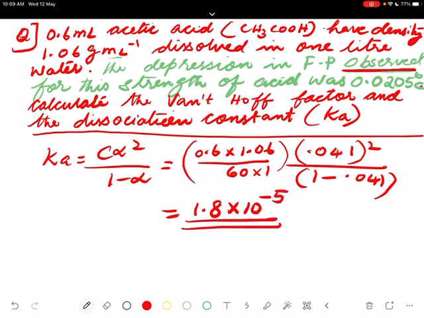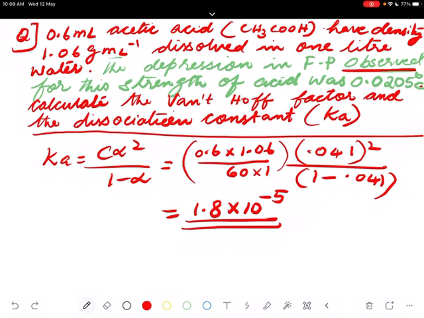This last year many times we calculated. This is a constant value. When you calculate, you will be getting this answer only. So 1.8 into 10 to the power minus 5 is the dissociation constant. Degree of dissociation is different from dissociation constant. Normally students get mistaken.